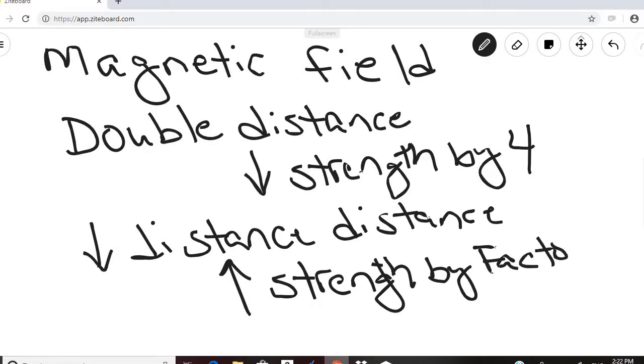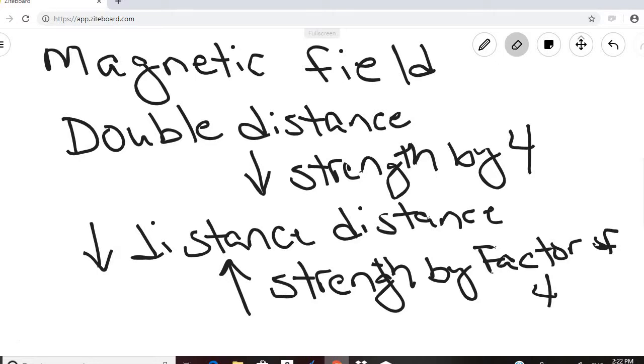So the strength of the magnetic field is inversely proportional to the square of the distance between the poles. And that's the same thing that we saw when we were looking at charged particles.